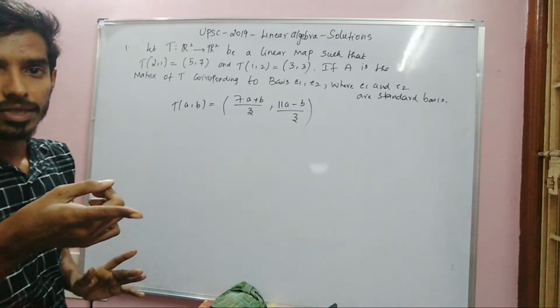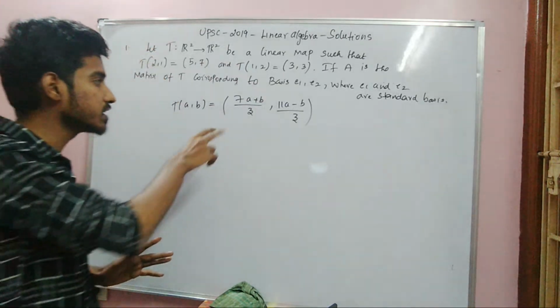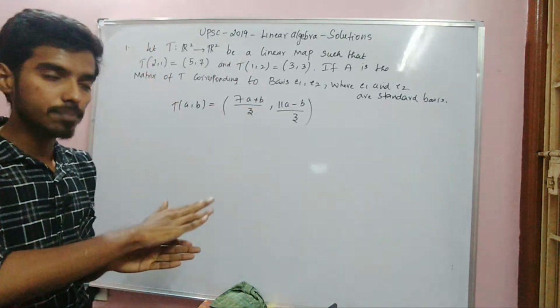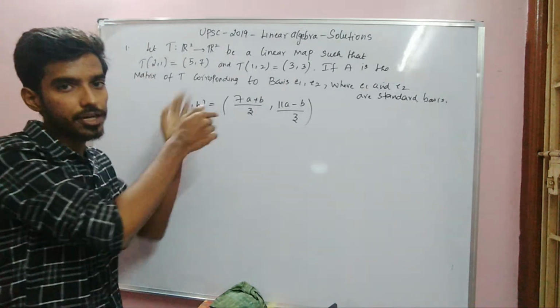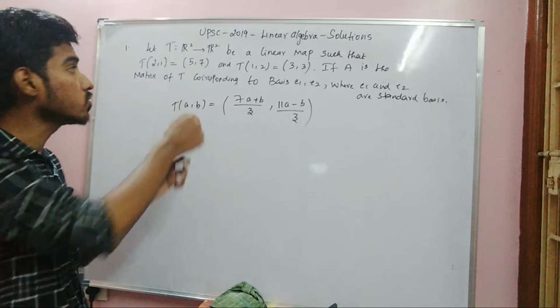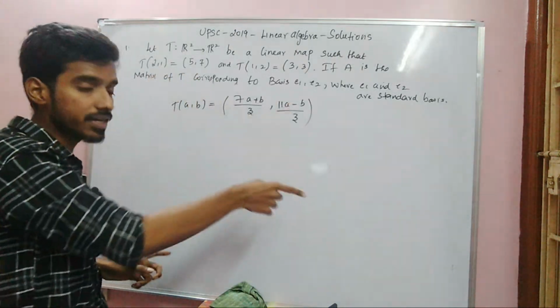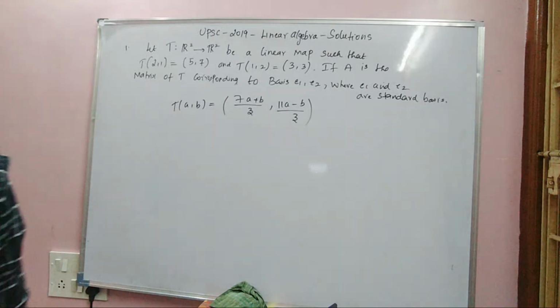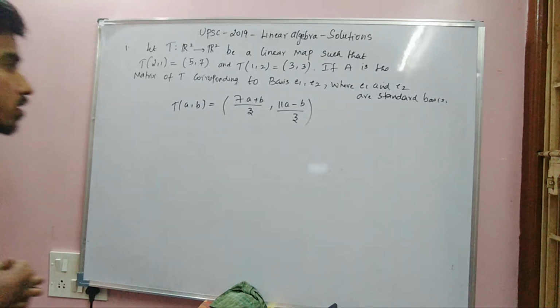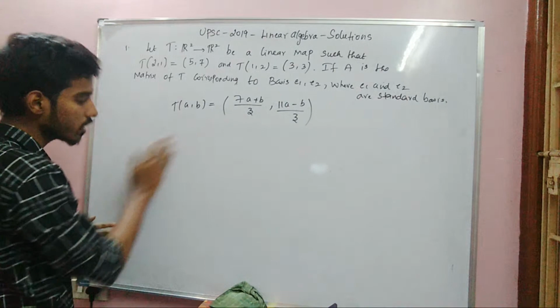I need to find x and y in terms of a and b. After that, apply T on both sides. Since it is a linear transformation, T of (ax plus by) is equal to a into T of x plus b into T of y. So I have found that.